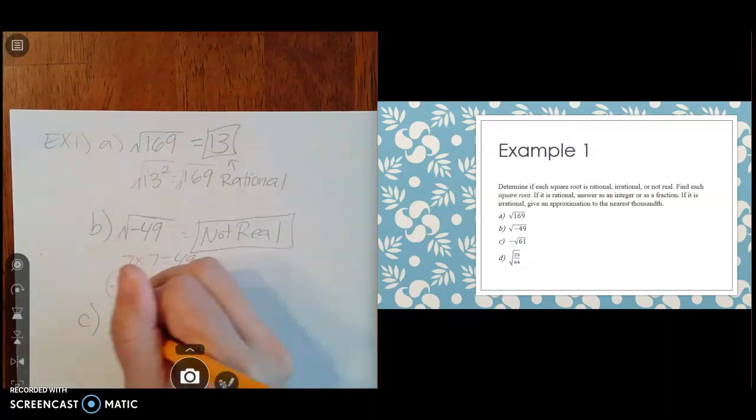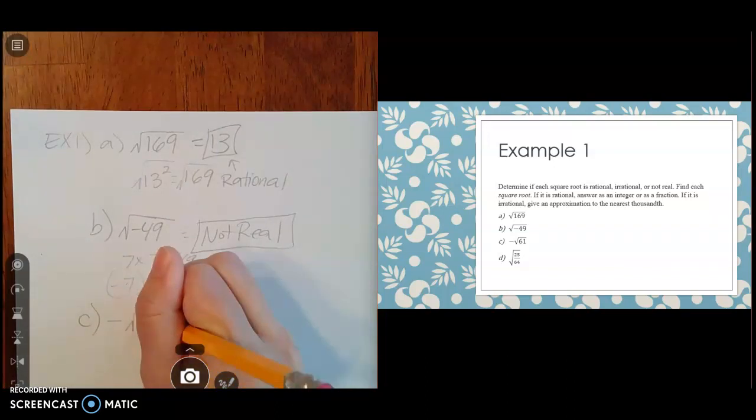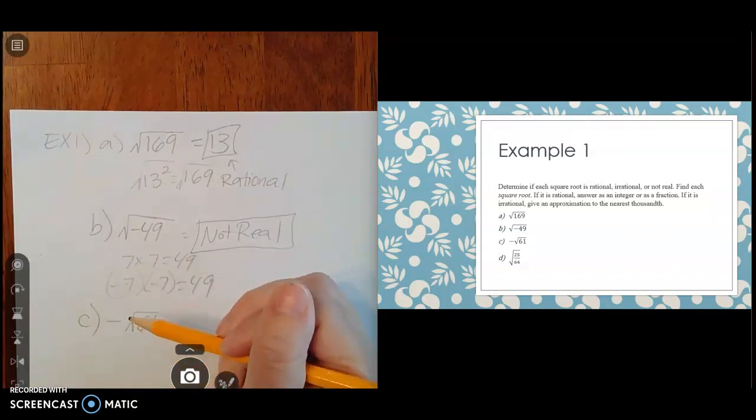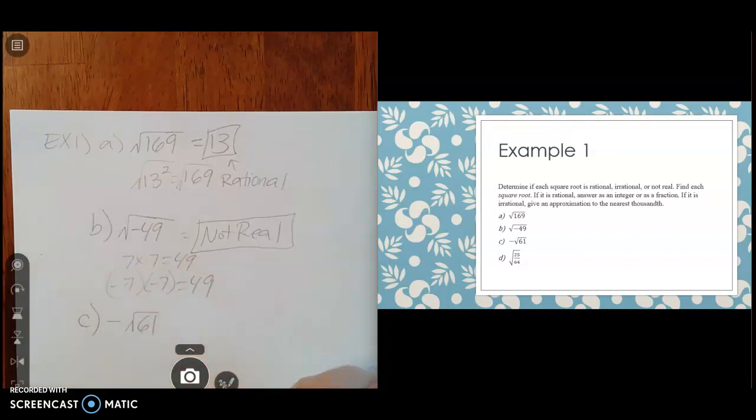All right, next one has the negative on the outside, which is perfectly fine. That just means that we're going to get a negative value at the end. 61 is not a perfect square, though. 49 is a perfect square. That's 7 squared. 8 squared is 64. But 61, it's between those two. So we're going to get somewhere between 7 and 8.